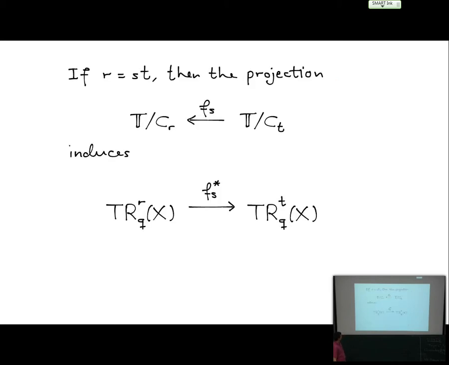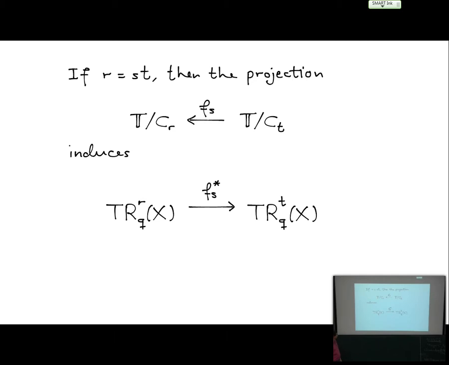group. Now, if R is equal to S times T, then the cyclic group of order T is a subgroup of the group of order R. So therefore, there's a canonical projection from the circle modulo the smaller group to the circle modulo the bigger group.